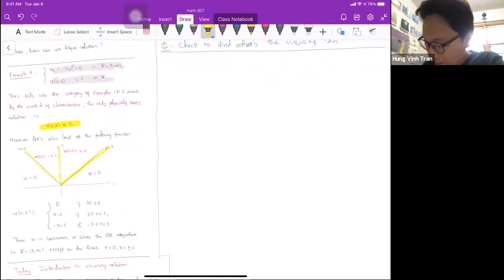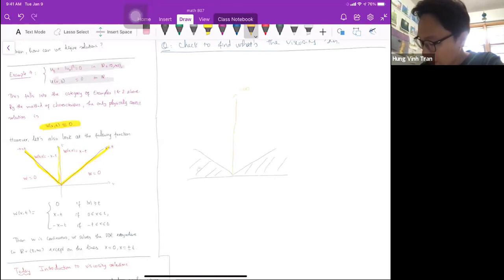It looks pretty nice. I don't know how to draw this picture, but basically in these two corners the solution stays zero, and then somehow it dips down. It gets down to minus t, so there's a ray going to minus infinity here, and this one is also going to minus infinity.